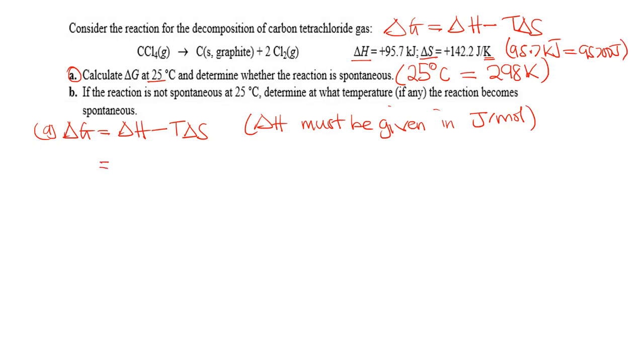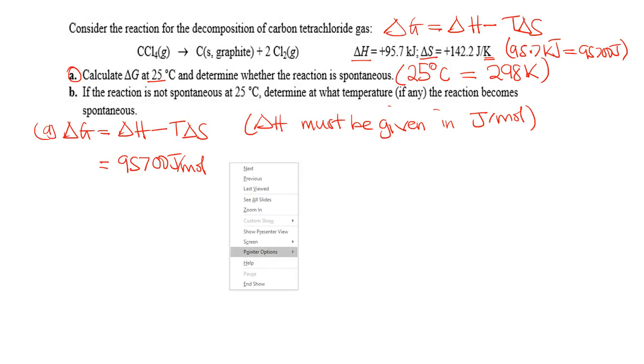So here we are told delta H is 95,700 joules. I'll get rid of per mole because I don't want it to give us trouble.